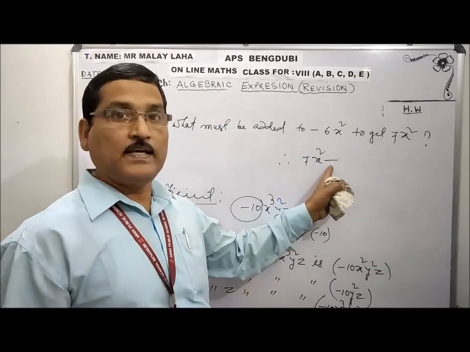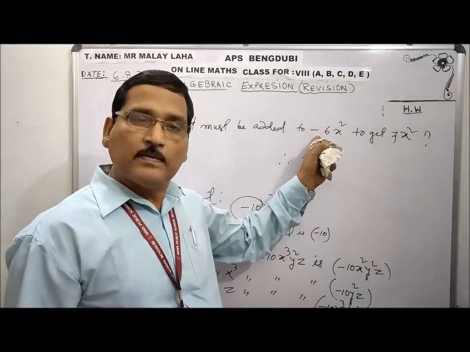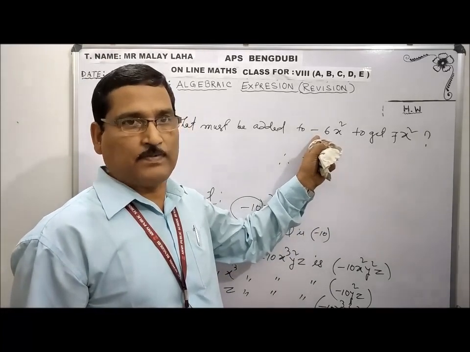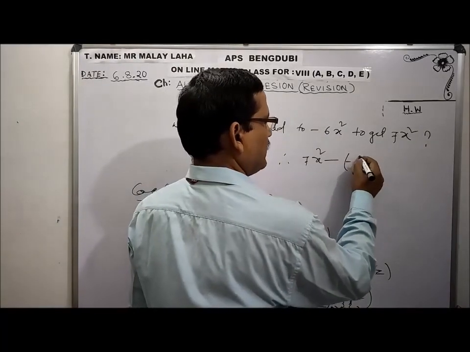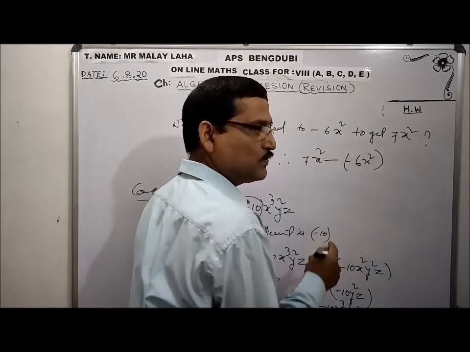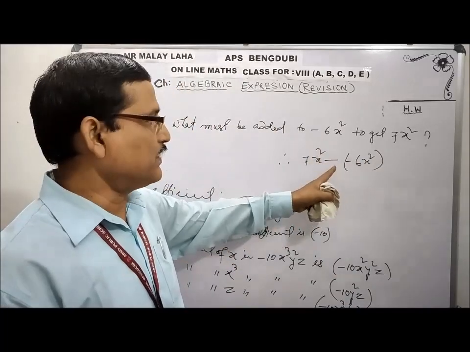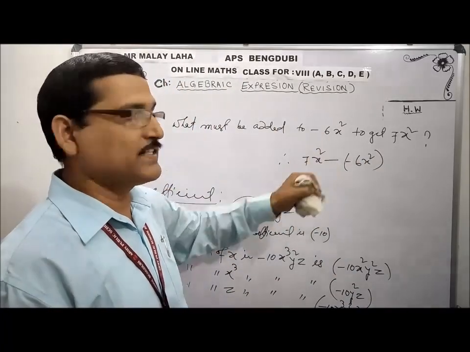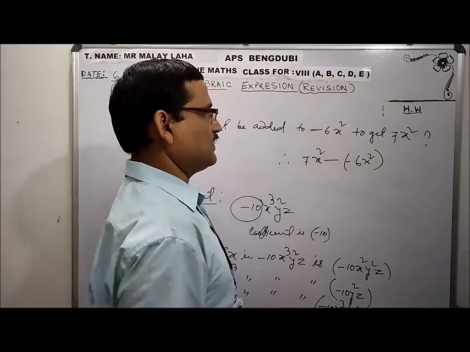This minus is the instruction that you have to subtract, and this minus is the sign of this term. So I cannot ignore it; this sign will be inside the bracket. Understood? Numerical factor sign. So it is not 7x square minus 6x square, it is 7x square minus, in bracket, minus 6x square.